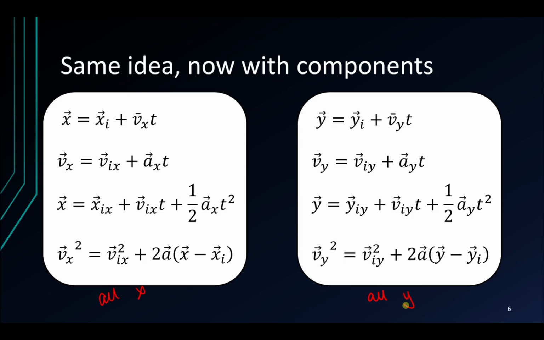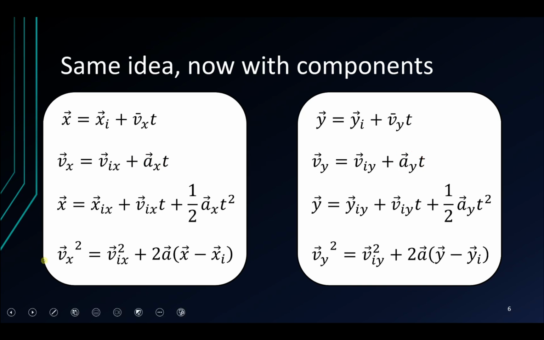So we have to calculate the x direction all by itself, and we have to calculate the y direction all by itself. Why? Well, because, for example, we have acceleration in the x direction here, but acceleration in the y direction in the other equations. And we know that, for example, in our parabolic path, we have an acceleration in the y direction of negative 9.81, but an acceleration in the x direction of 0.